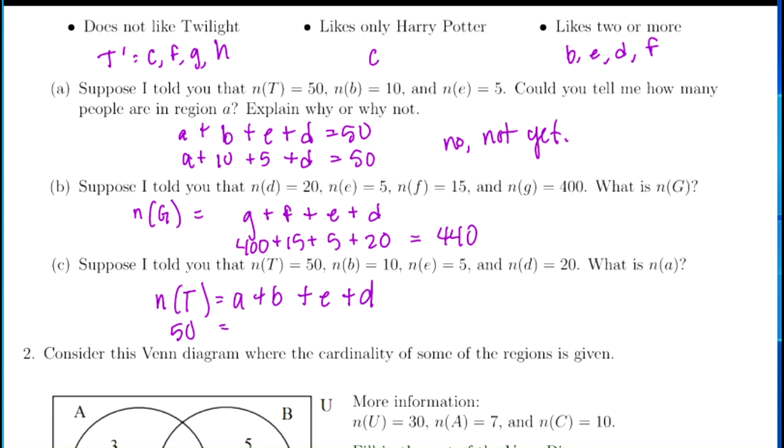In region A, we don't know. Region B, we have 10. Region E, we have 5. And region D, we have 20. So we can figure out what A is. That's 35 plus A, right? 50 equals 35 plus A, which means that A has to be 15.